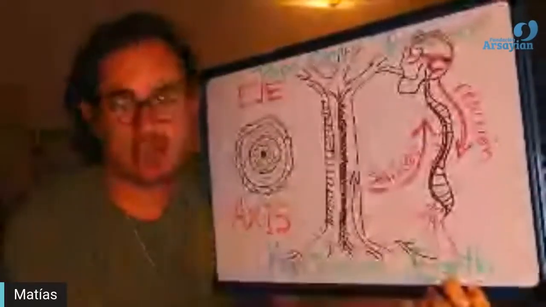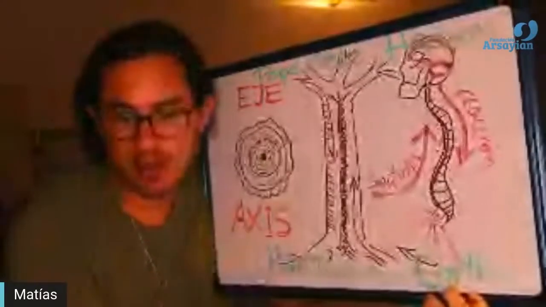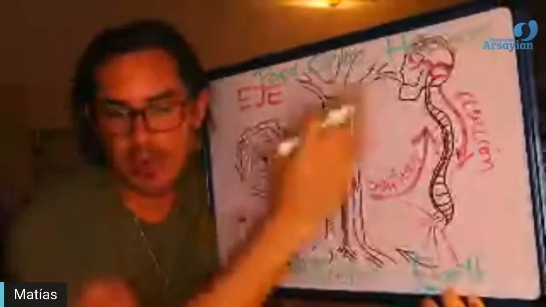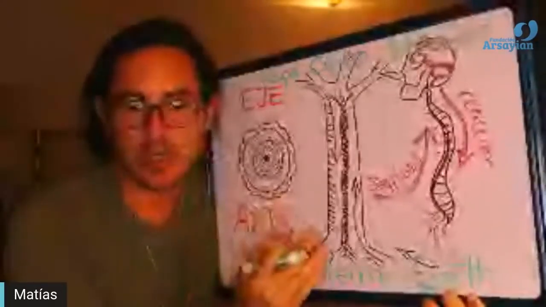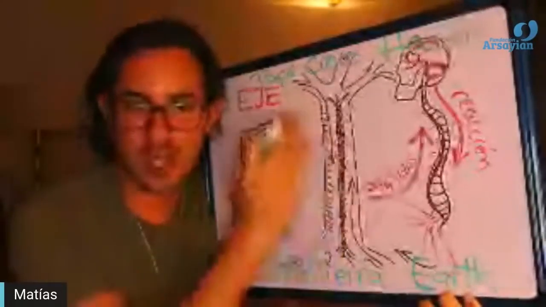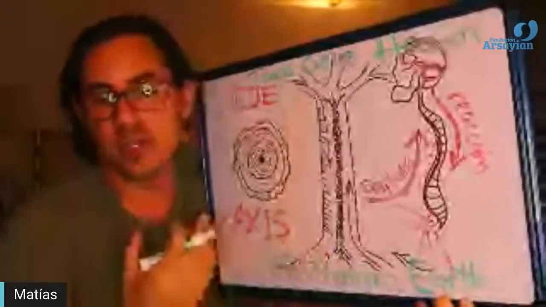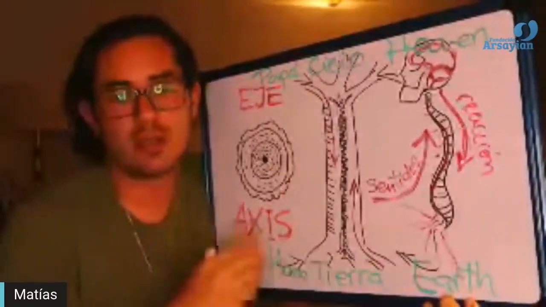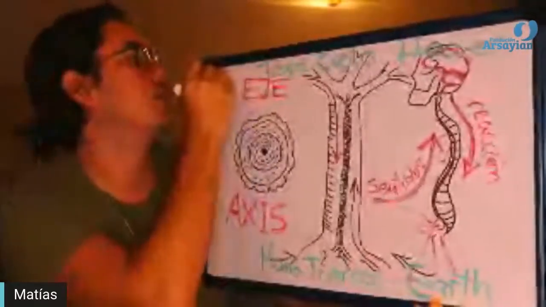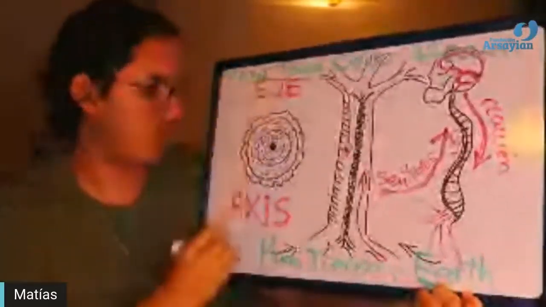Along our life, a human being, as any other being in reality, is trying to find a straight axis between heaven and earth, which in the emotional way we call dad and mom.